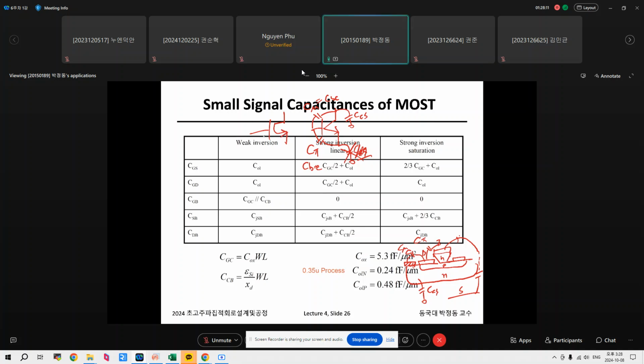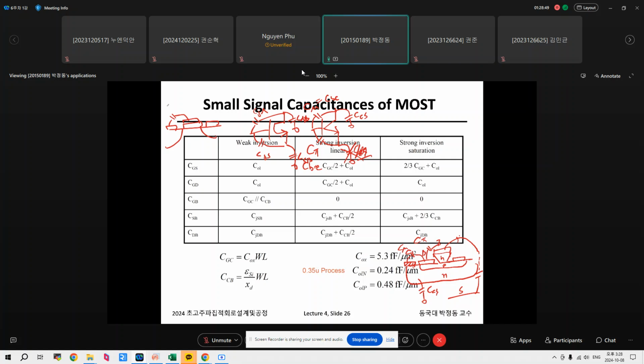Different from this BJT, the MOSFET has a CGS, CGD, CDB, CSB. This is the bulk. As you can see here, MOSFET is looking like this.